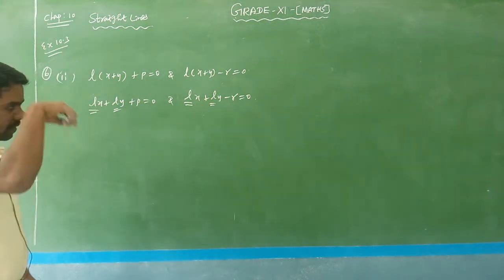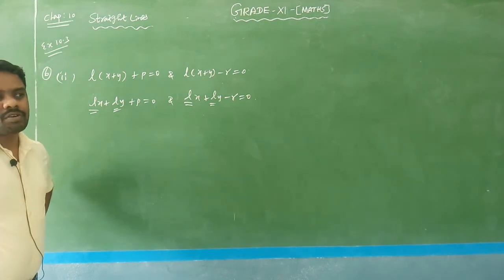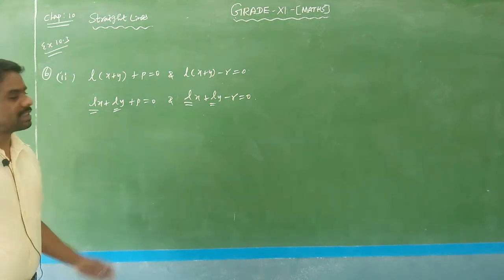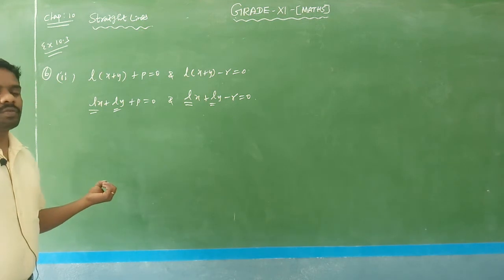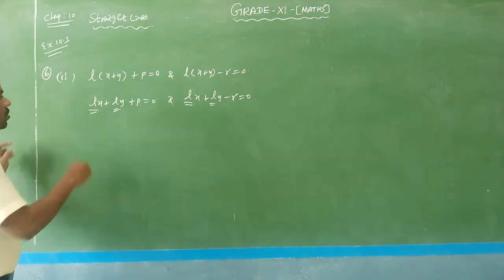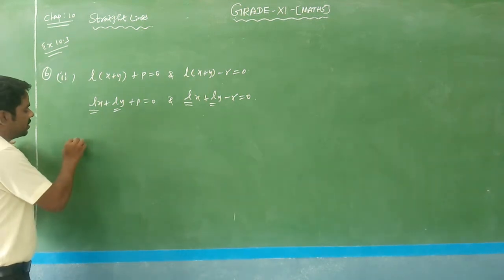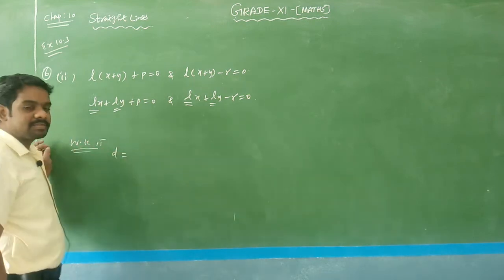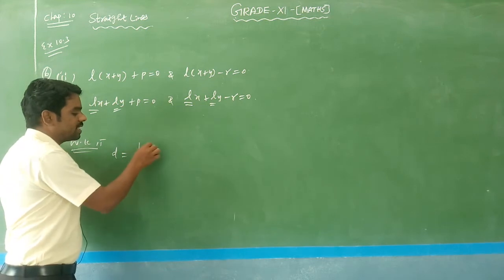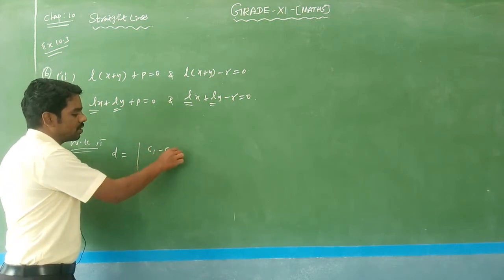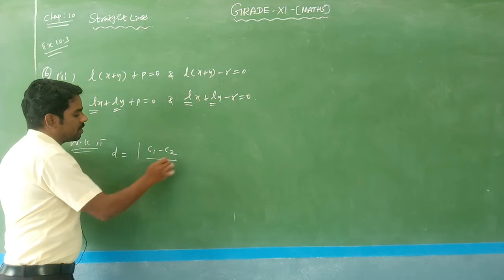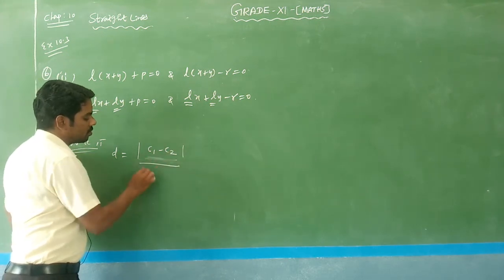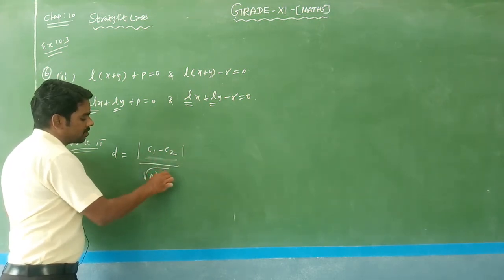So you know that if two lines are parallel, then the coefficients of x and y are the same and they differ only in the constant. Okay. So we know that the distance between two parallel lines formula is modulus of c1 minus c2 divided by root of a square plus b square.